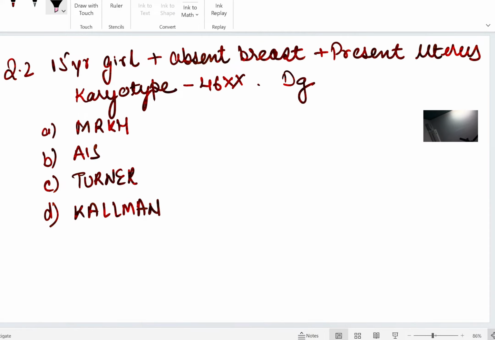A 15-year-old girl, absent breast, present uterus, karyotype is 46XX. Come on fast. A 16-year-old girl, absent breast, uterus present.